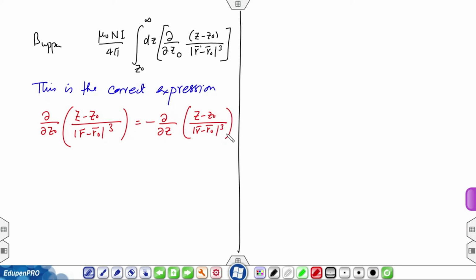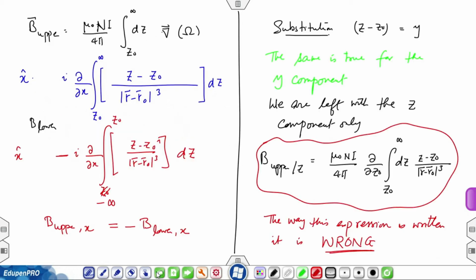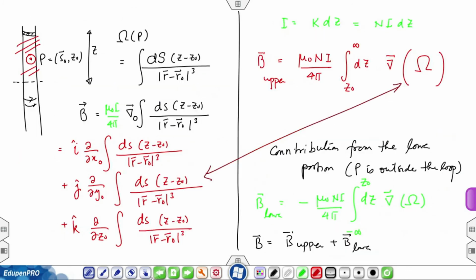There was an area element ds also out here. Let us go back and check. So, here is this ds, I am just showing it to you, that should also be there. You see this.